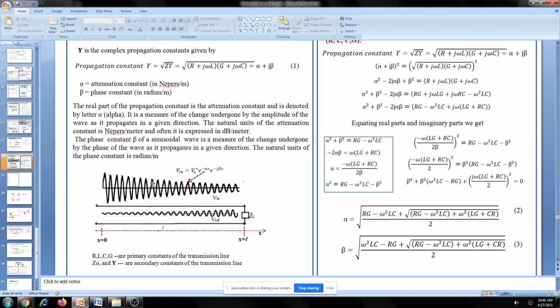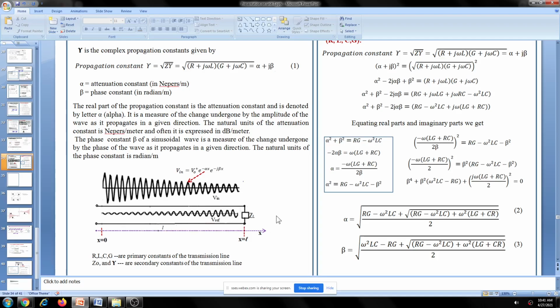How many dBs it decreases as it travels over a transmission line. It may be 2 dB per meter, 3 dB per meter, or 0.5 dB per meter. So the more the value of this, the more the attenuation. 0 dB means less attenuation.